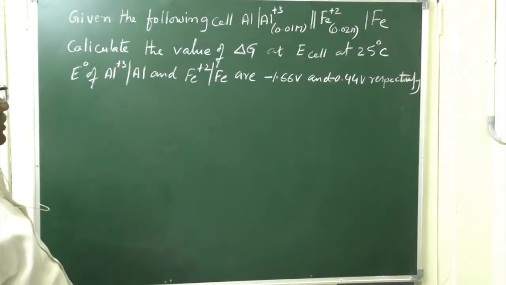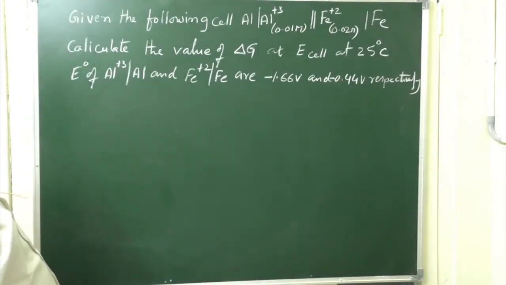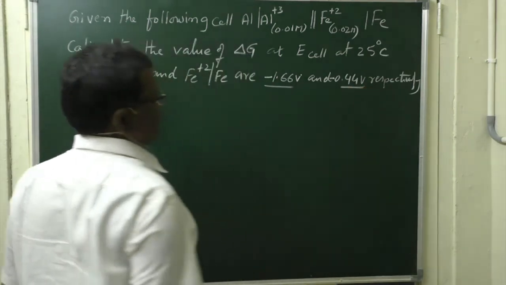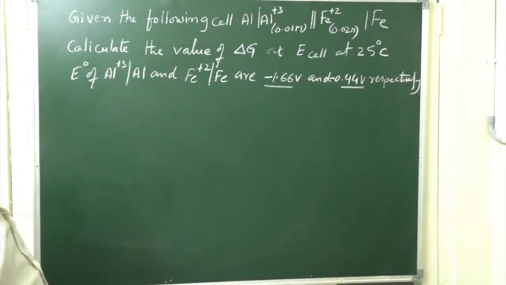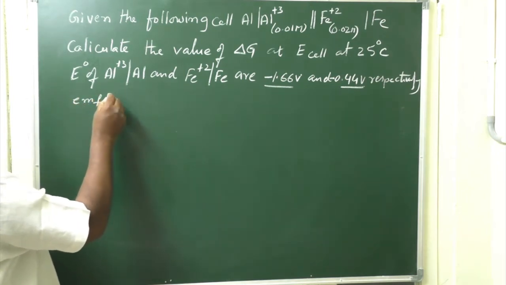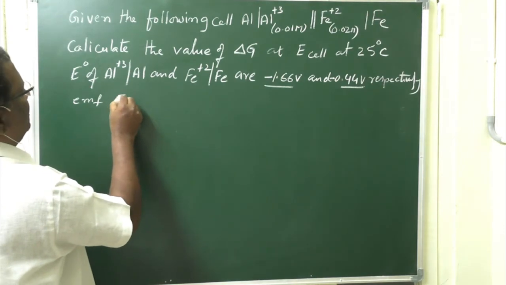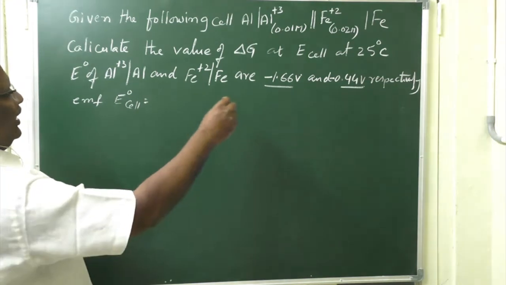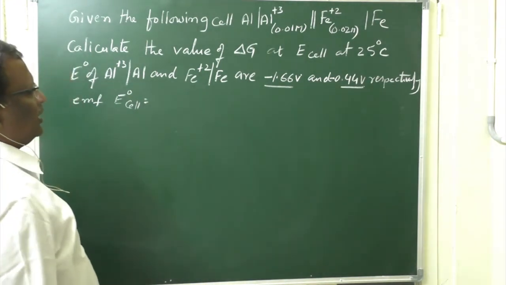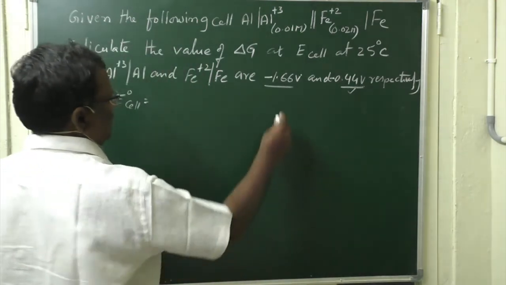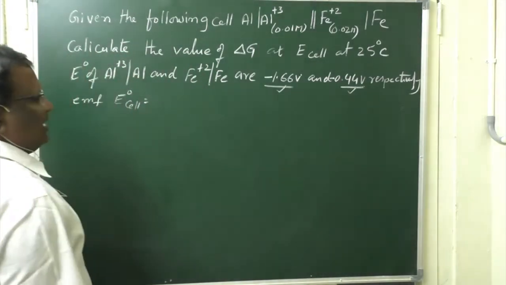So first let us calculate EMF of the cell at standard conditions, because here they gave us standard reduction potentials of both aluminum and ferrous electrodes. Therefore, EMF or E naught cell is equal to reduction potential of cathode minus reduction potential of anode. Here Fe will act as cathode and Al will act as anode.